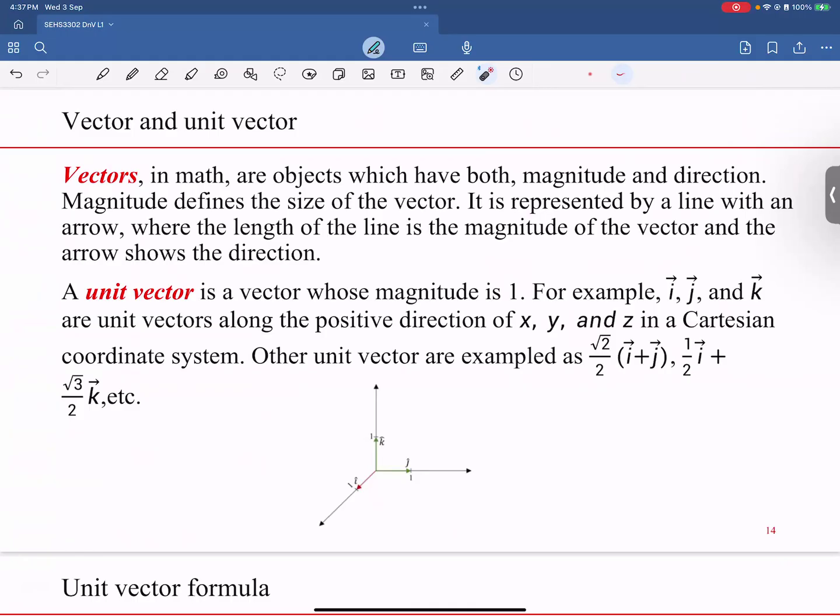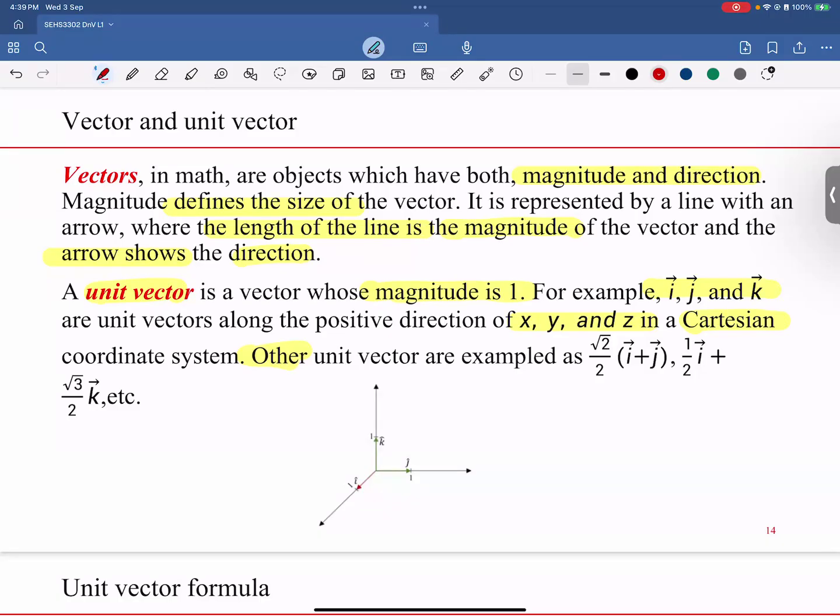Okay, and you have 1 minute to quick read these 2 paragraphs.